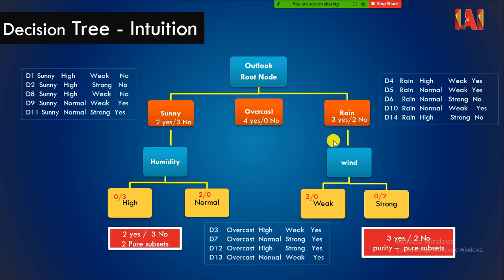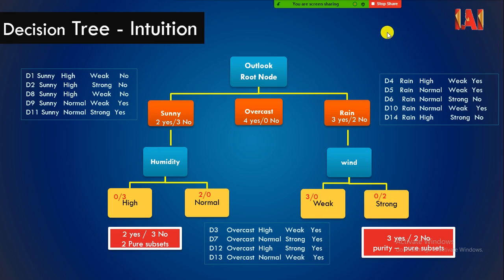So it split this one into 2 different categories here. The weak has 3 yes and 0 no, and strong has 0 yes and 2 no. These 2 nodes also now became pure nodes.